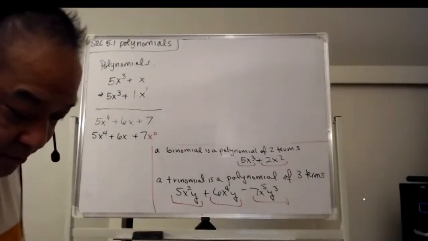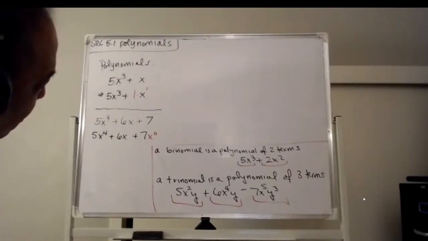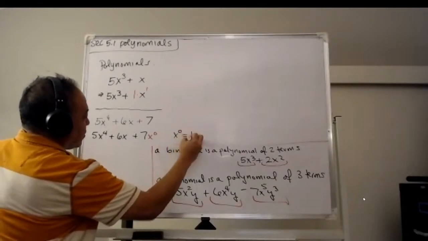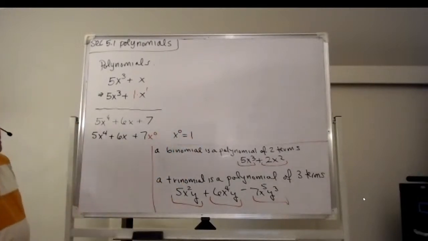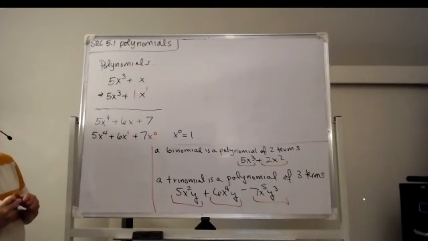So let me just tell you that x to the 0 is equal to 1. So even though it's not there, there's a 1 here and there's an x to the 0 there.